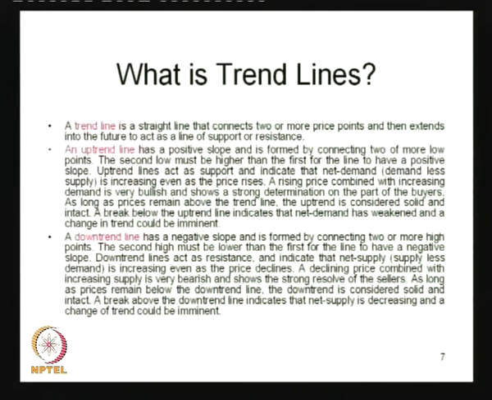As long as prices remain above the trend line, the uptrend is considered solid and intact. A break below the uptrend line indicates that net demand has weakened and a change in trend could be imminent.